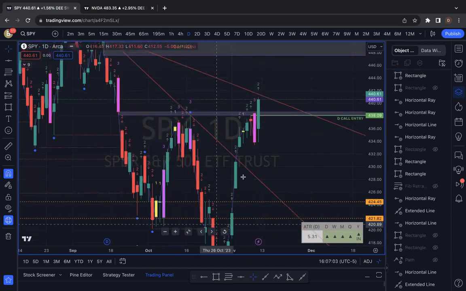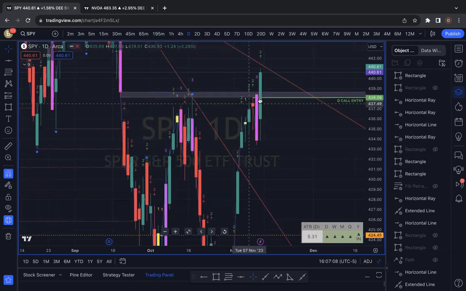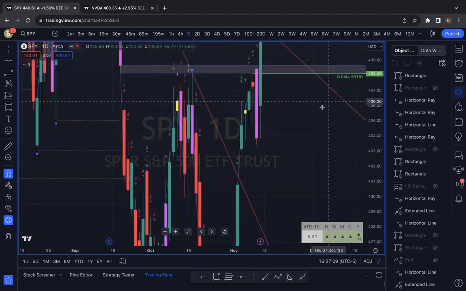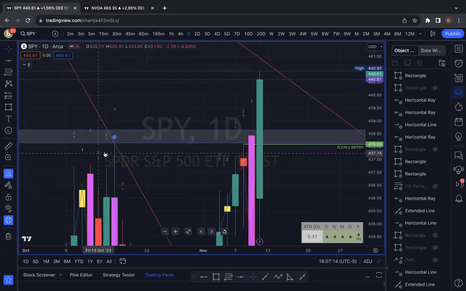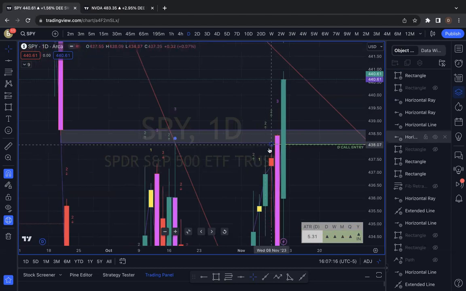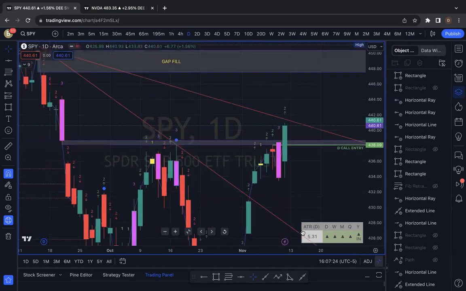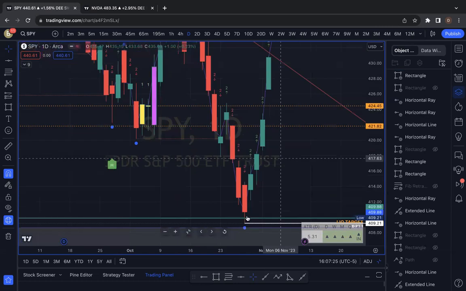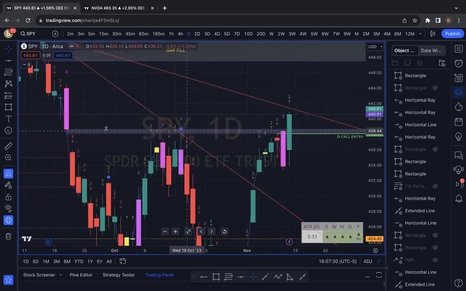So as we started gapping up on SPY, we knew there's a gap up there that it may be trying to fill. This is a perfect example of how we used it as resistance a little bit. This is the adjusted gap that we were left with. It approached it, and keep in mind, it approached it all the way from 409, I believe, to that previous gap that was made in September.